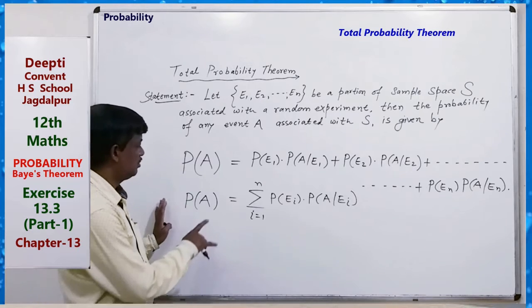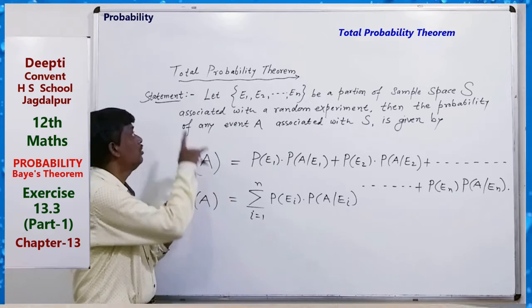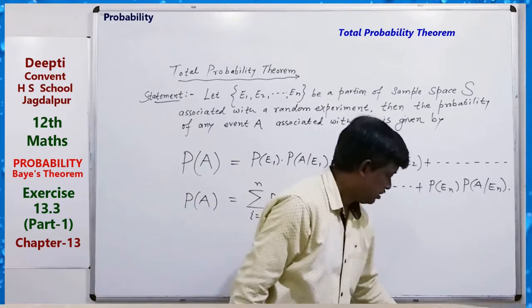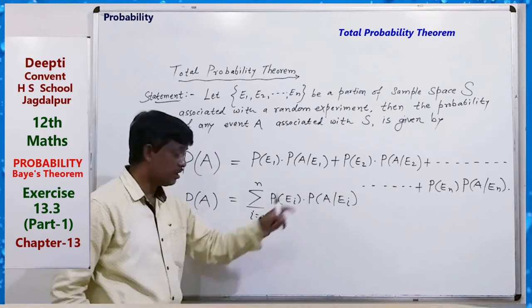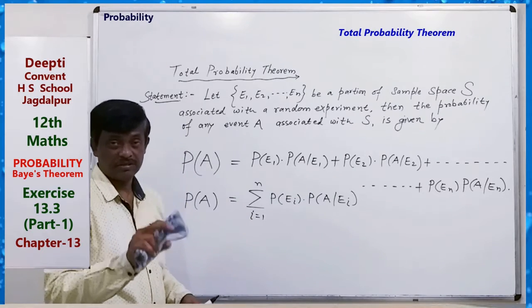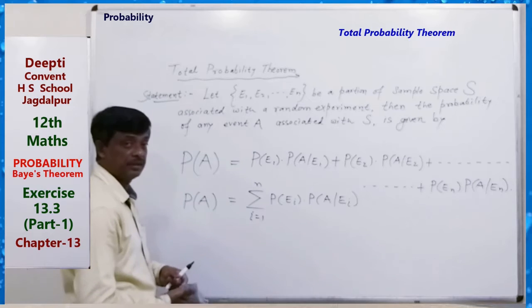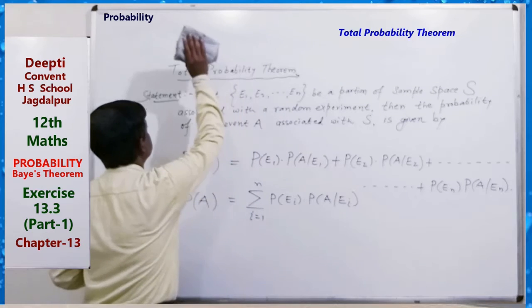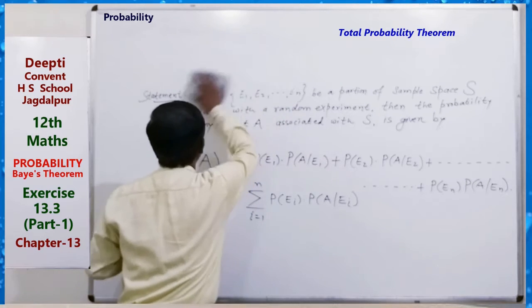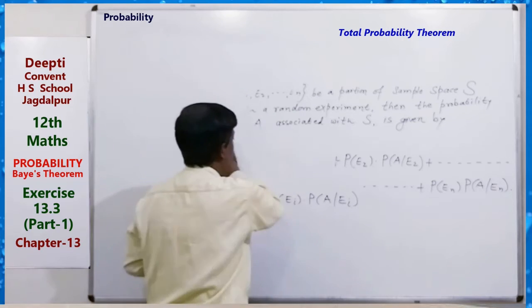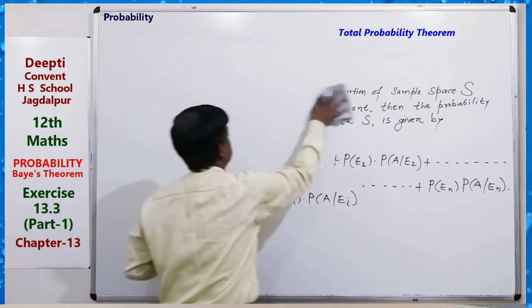Just remember this formula for the total probability theorem, where E1, E2, E3 up to En are a partition of the sample space. Now, Bayes theorem. I will give the formula for Bayes theorem.